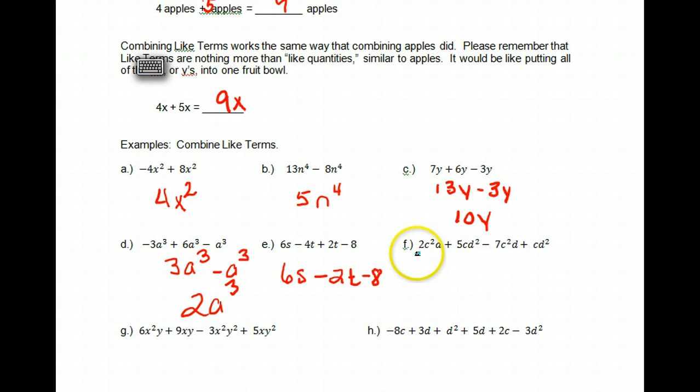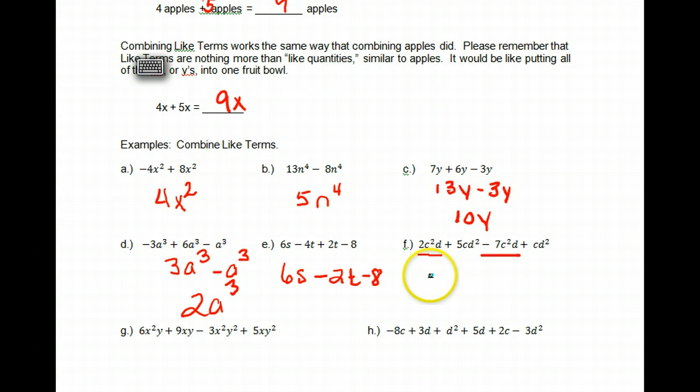That means that in order to find another like term, you need to look for a c squared d. And we do find one right there in the negative 7c squared d. Every single thing about those variables and exponents must match. They must be mirror images of each other.